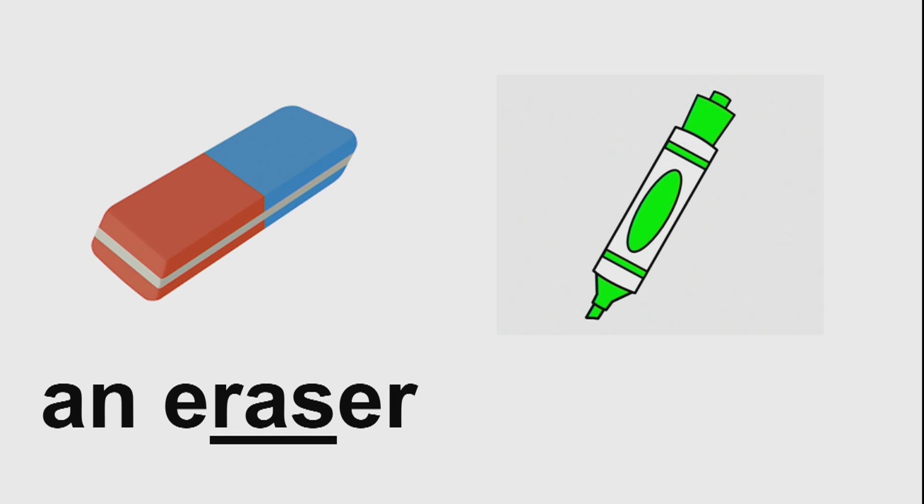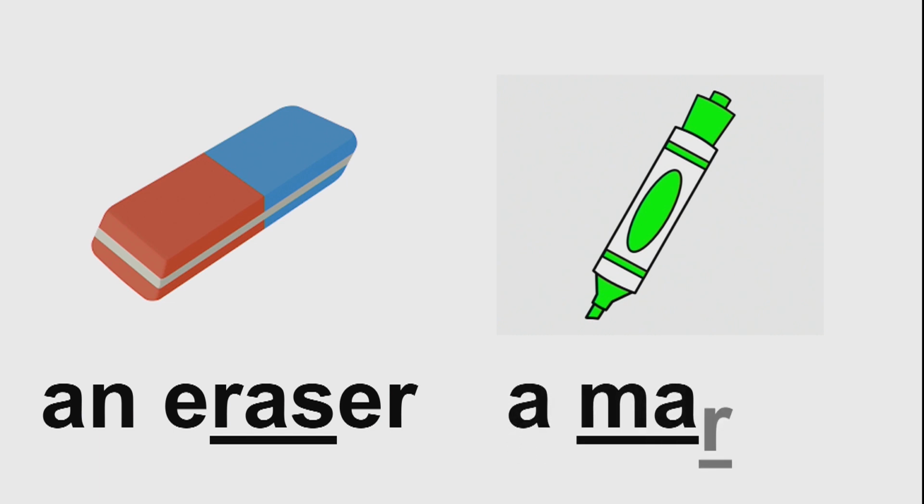Then it's a marker, marker. M-A-R-K-E-R. How about this word? A notebook, notebook. Repeat, please. And how do you spell it?